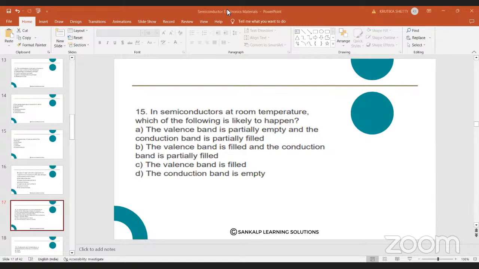That is option A. For semiconductors at room temperature, if the valence band is full and the conduction band is empty, it becomes an insulator. But for semiconductors at room temperature, the valence band is partially empty and the conduction band is partially filled. Option A is right. Once you increase the temperature, the conduction band will go on filling. So option A is correct.